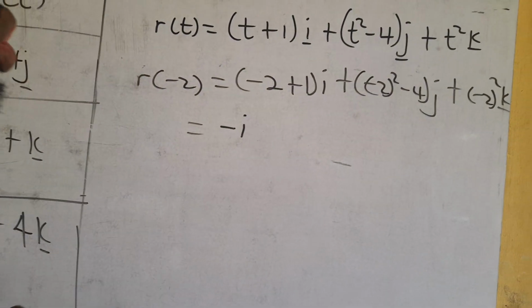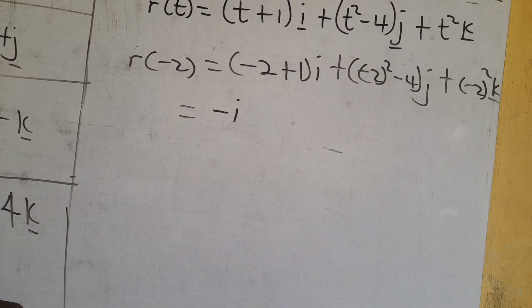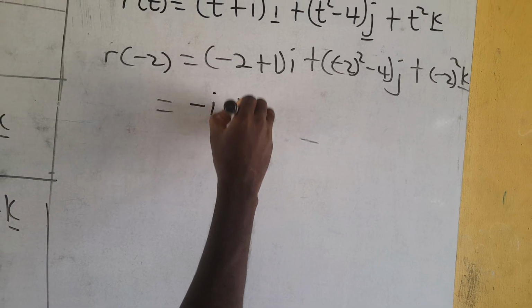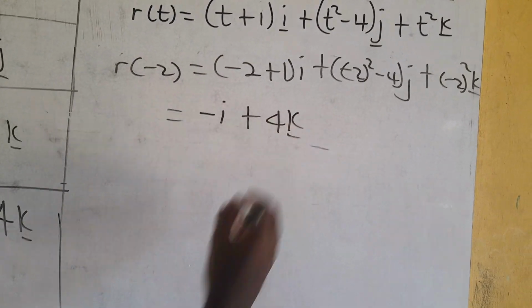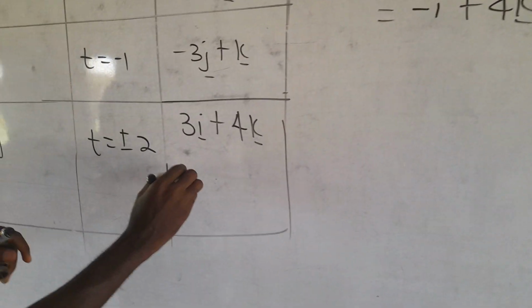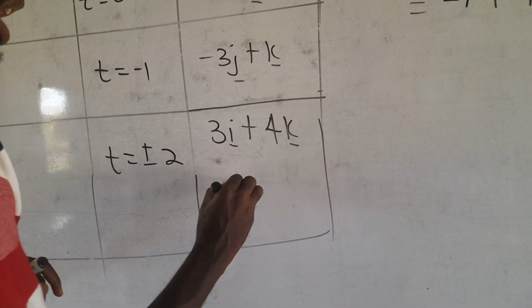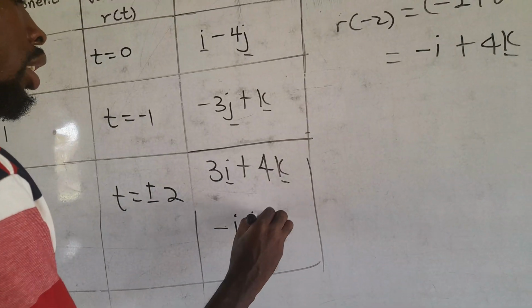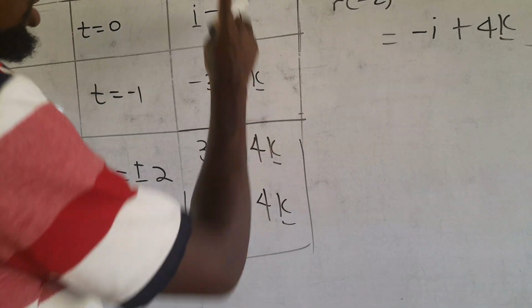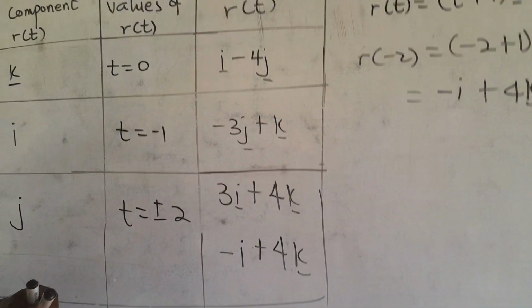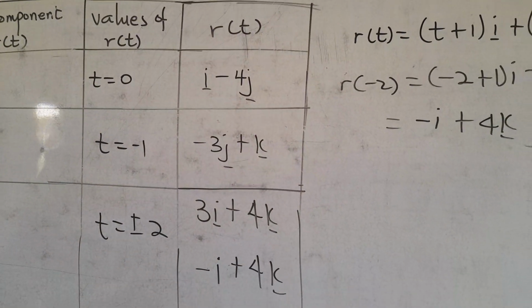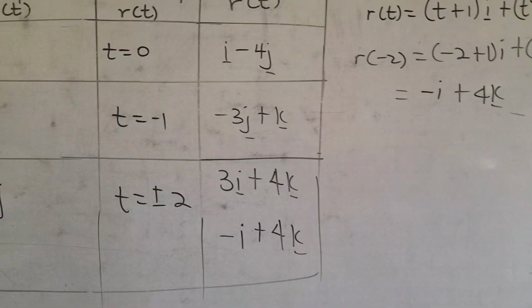Negative 2 squared will be 4 minus 4 will be 0 times j will be 0. Negative 2 squared will be 4. So we have 4. Then our vector there in the coordinate plane will be negative i plus 4k. Then we can say these are all the vectors in the coordinate plane of our vector value function. This is all about question 2.